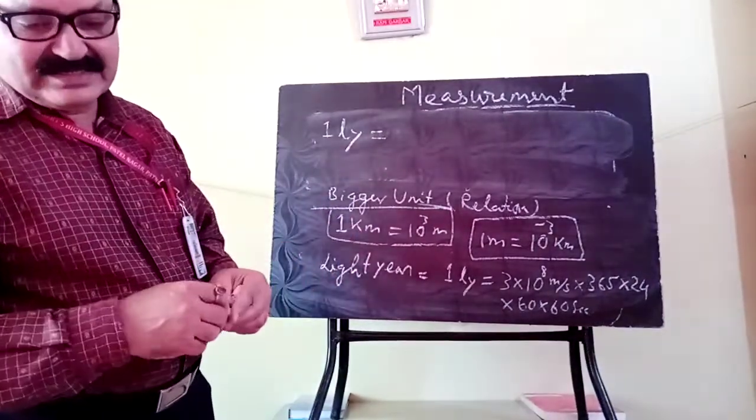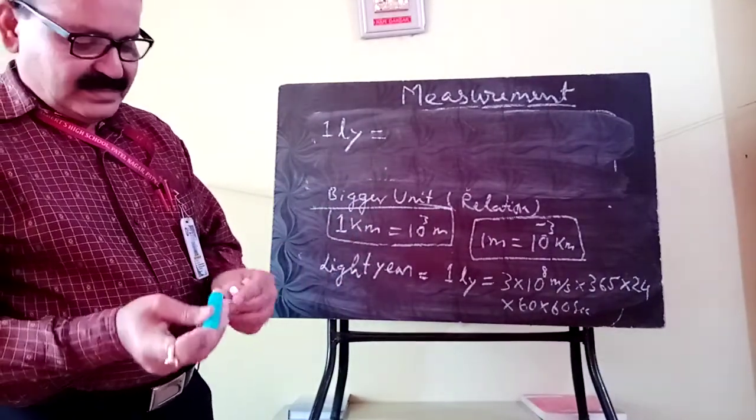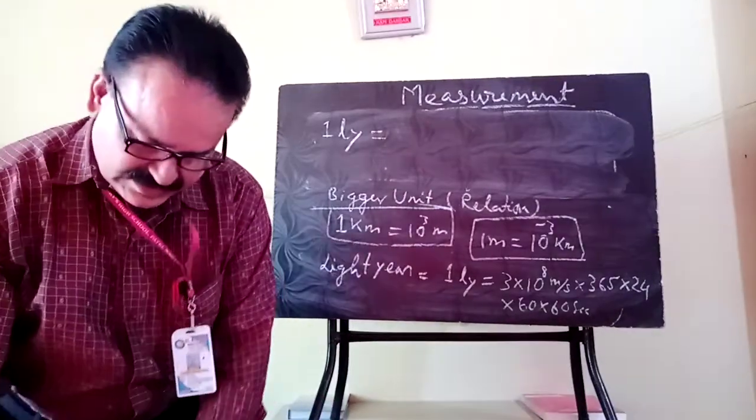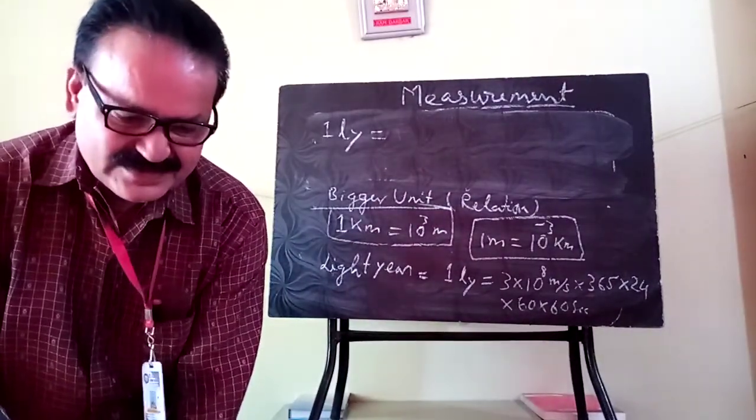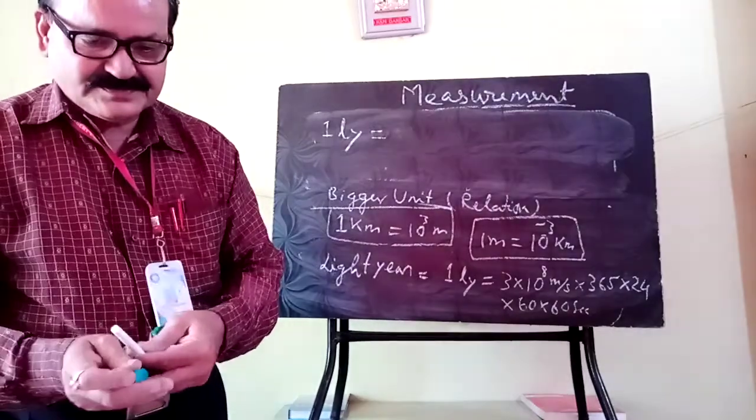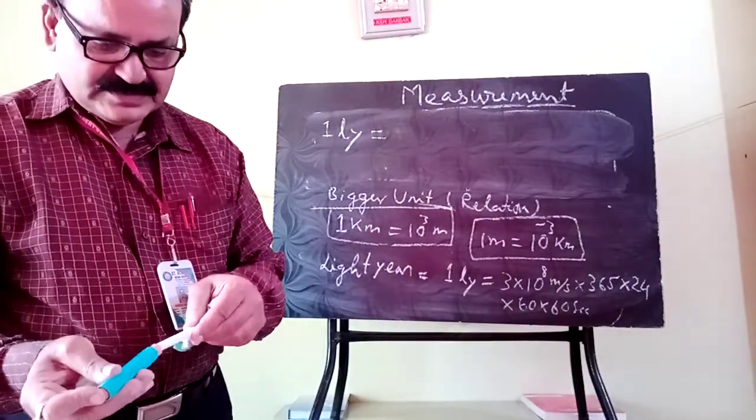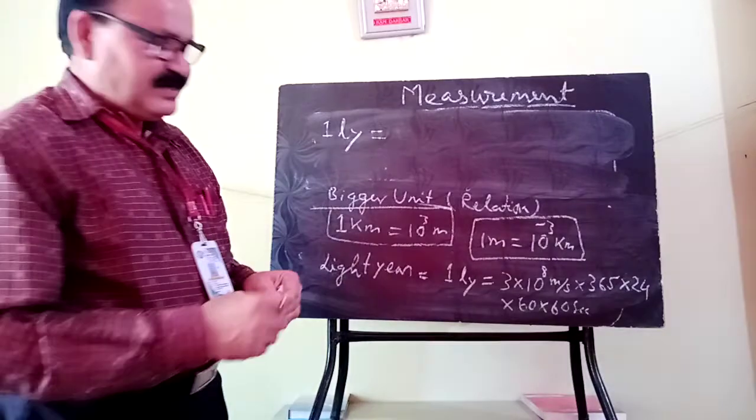So 1 light year is equal to, okay, let me change the chalk, 9.46.